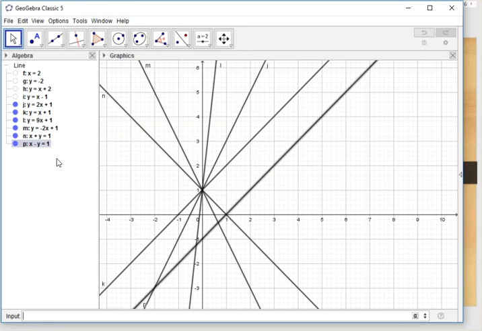When we rearrange this one, we would actually get y equals -1 minus x. Oh, actually, sorry, -1 plus x.